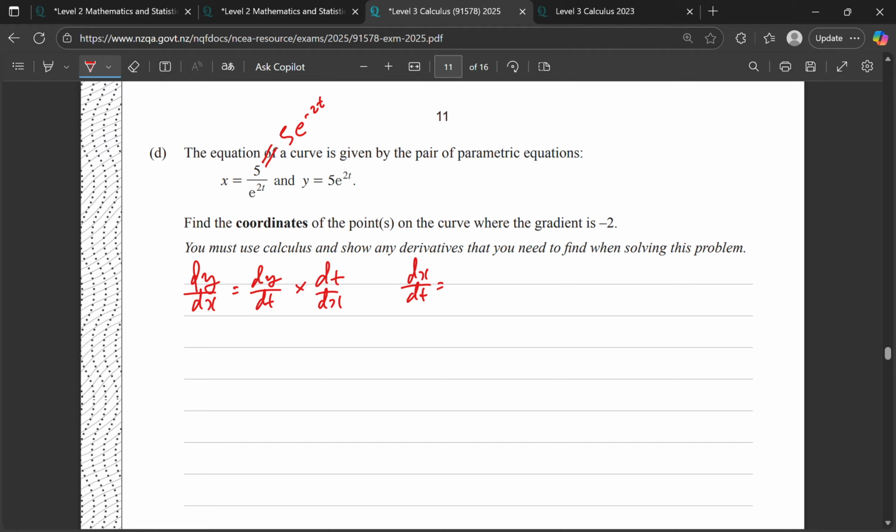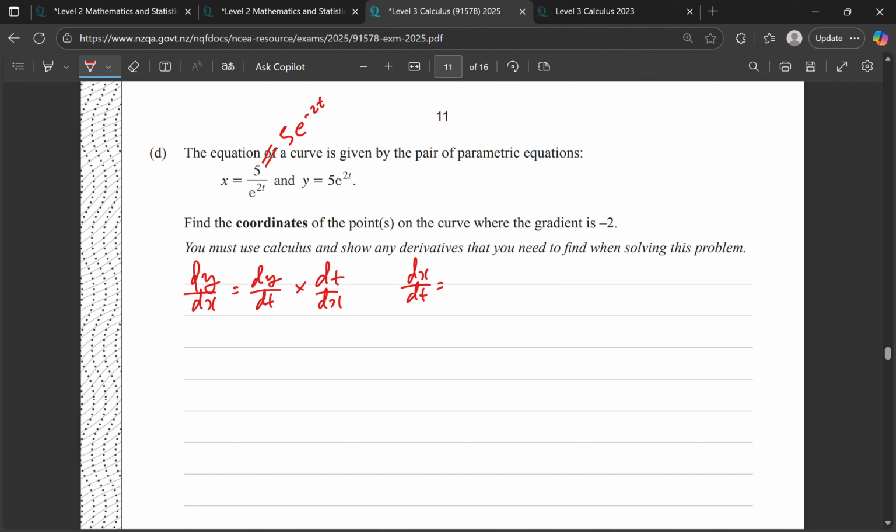So when you differentiate, the reason why I converted to a negative index is to avoid the quotient rule. So in this case, it is not exactly the power rule, sorry, it is the e rule, I have to say.